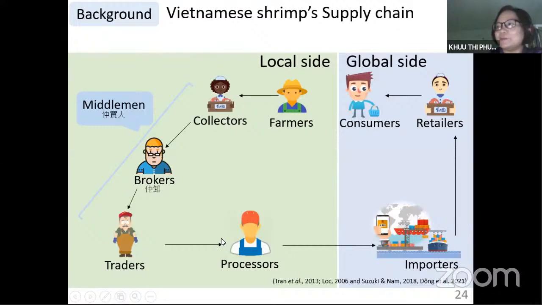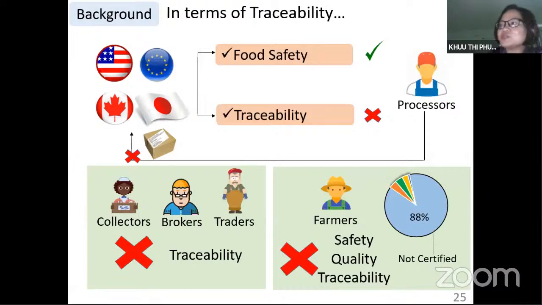Why? Let's see. As you see, if we can apply food safety and traceability, we can export to the high standard market. But nowadays we couldn't apply traceability, so we couldn't export. It's very difficult to export to the high standard market. So that's why we have to turn to other markets.